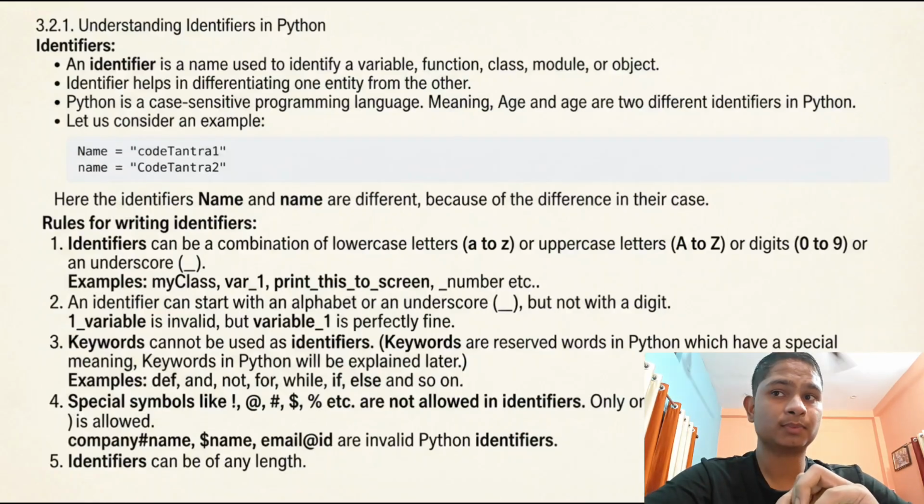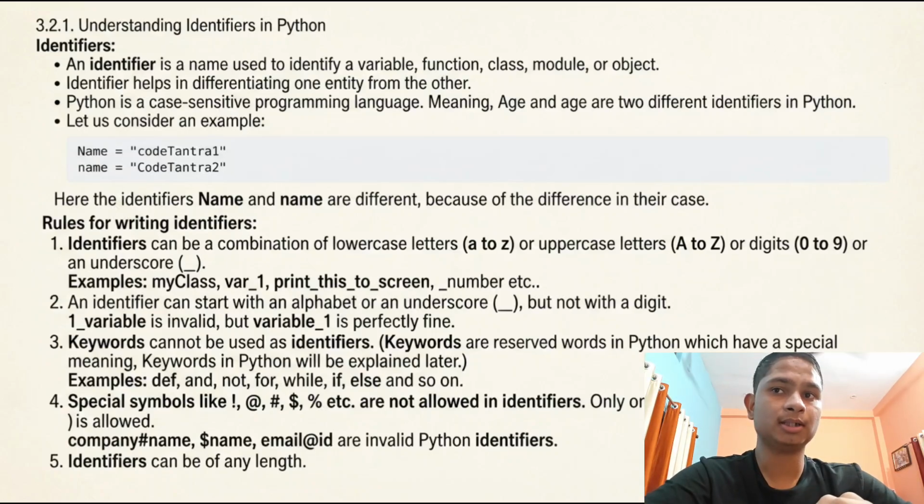And there are a few symbols which also cannot be used as identifiers. These symbols are like semicolon, at the rate, hashtag, dollar, percent, etc. These are not allowed. The only special symbol which is allowed is underscore.